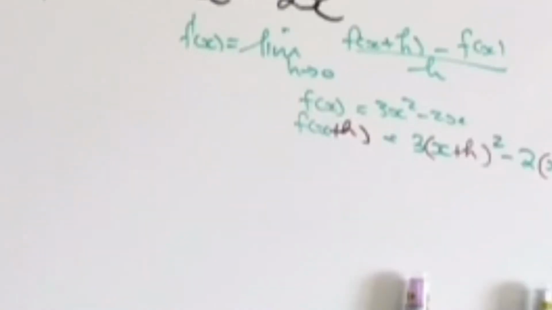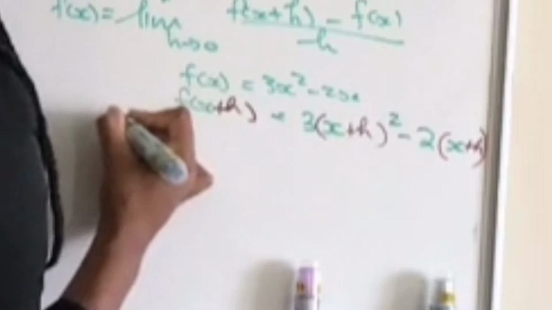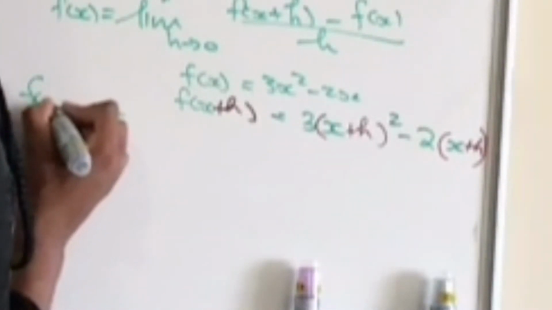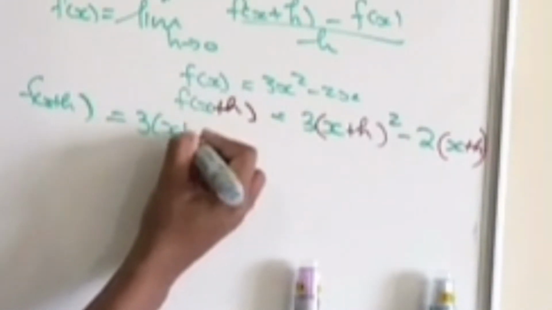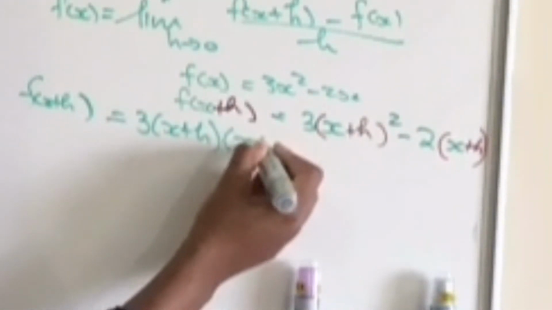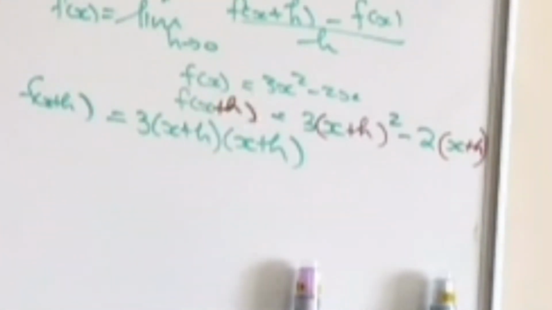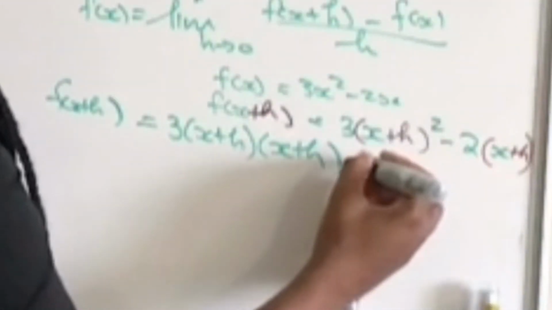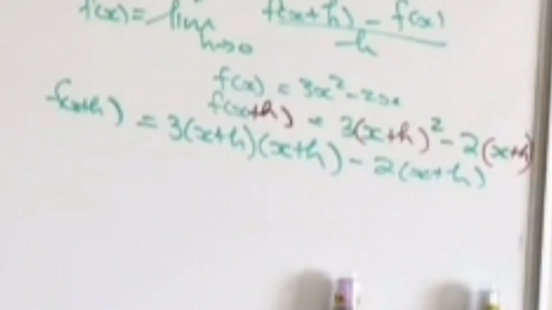Before we continue, we want to simplify this. What is this equal to? This is going to be equal to, so f of x plus h is equal to 3 times (x plus h)(x plus h), right? Because remember, when I square something, it's the same thing as saying I'm multiplying it by itself. Then we minus 2 times (x plus h). And then we now try to remove the brackets. We are going to do this step by step.